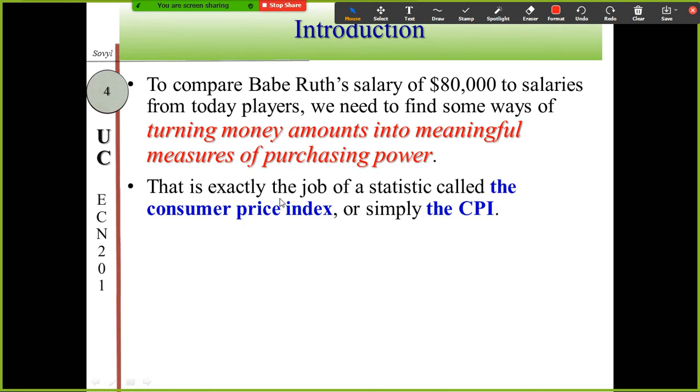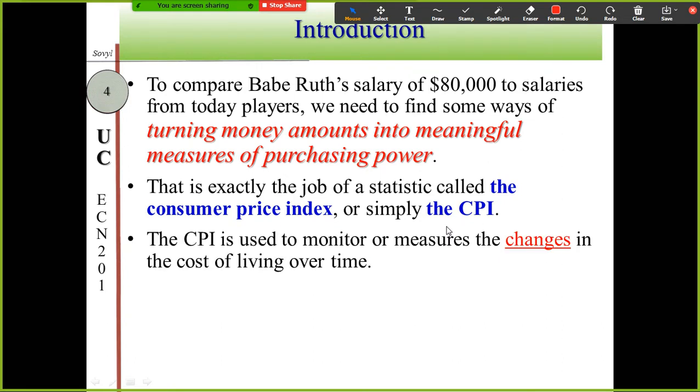That is exactly the job of a statistic called the Consumer Price Index, or CPI in short. The CPI is used to monitor and measure the changes in the cost of living over time.